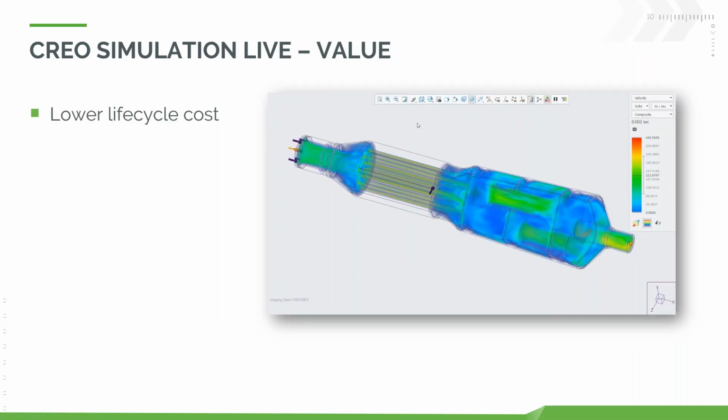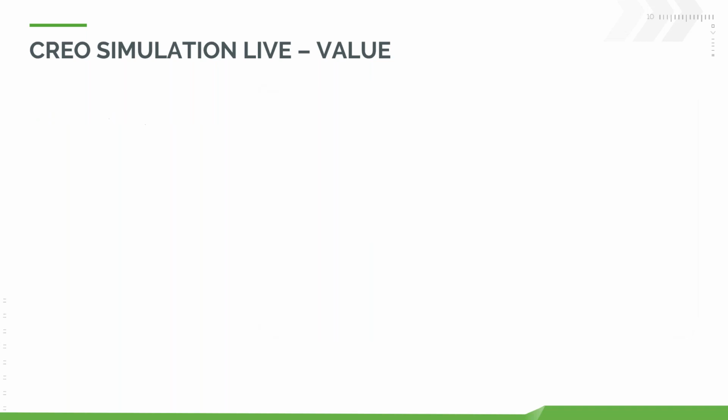All right, so what does CSL do for you? Well, it enables you to do analysis early and often, and this is going to identify problems early in the design process before it's too late and it ends up being incredibly expensive and time-consuming to address and to fix.